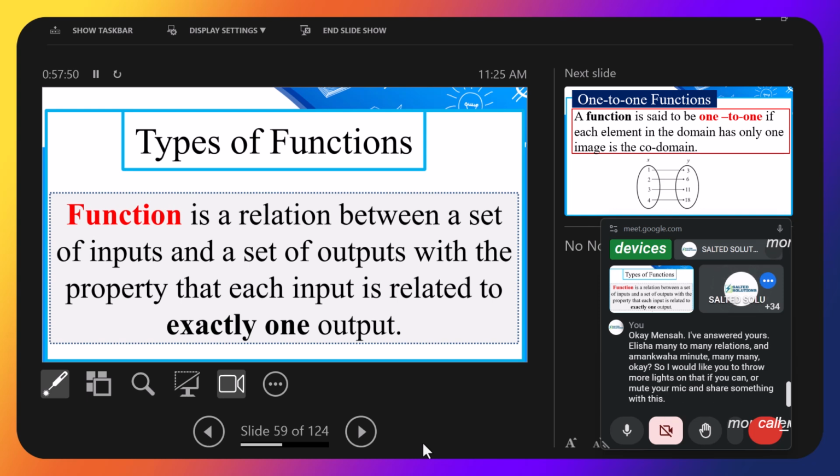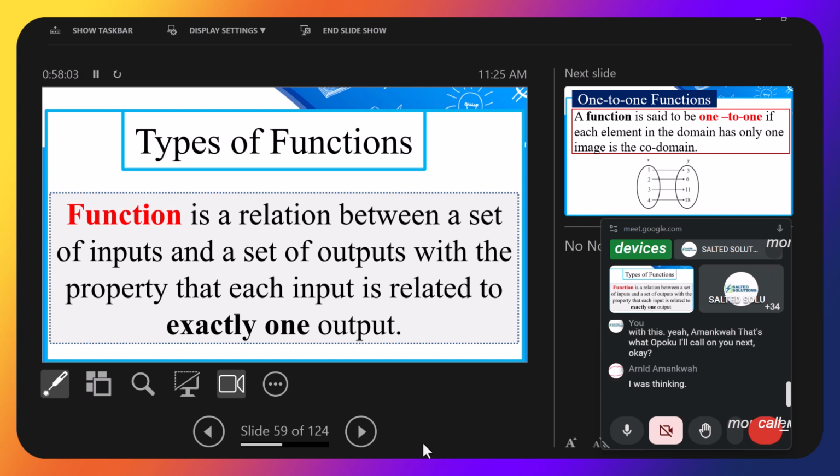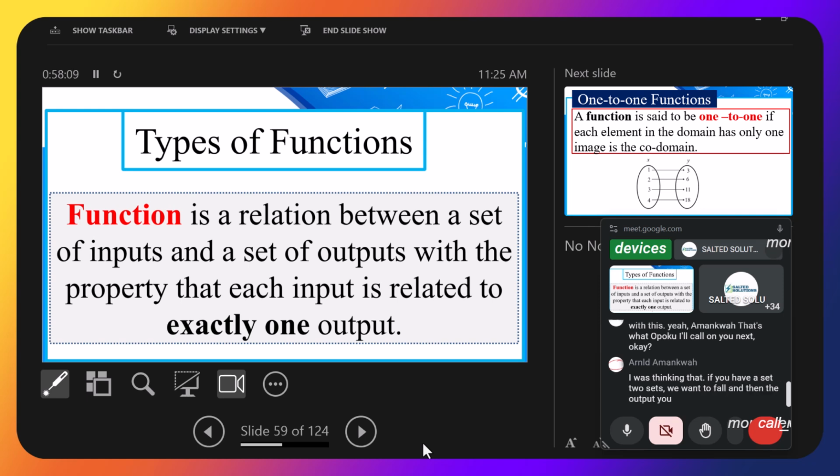I was thinking that if you have two sets, 1 to 4, and then the output you also have 4, each of them maps onto a specific one.